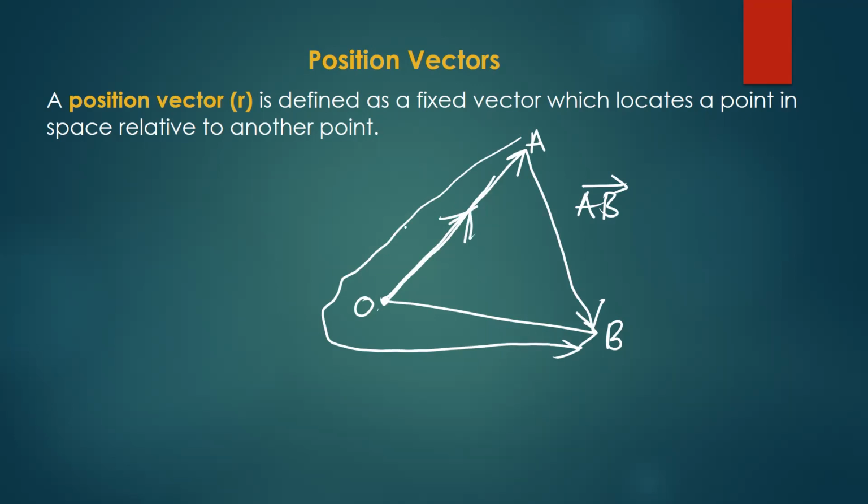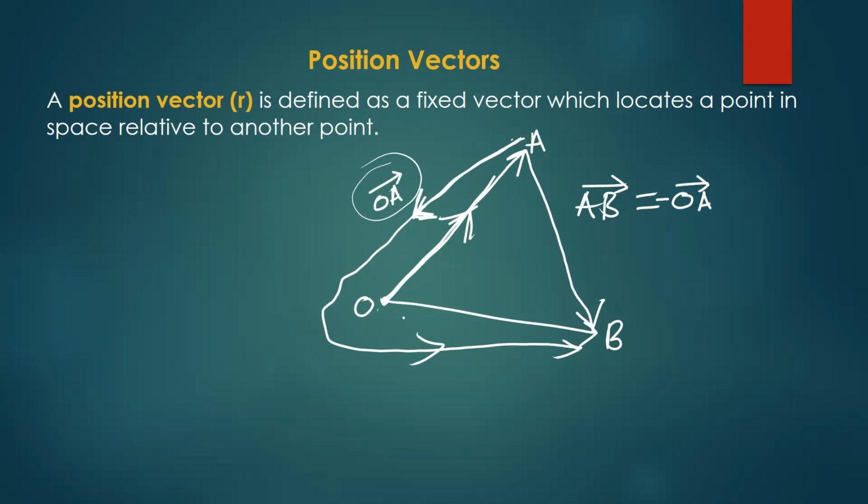Since we are moving from A coming to O for us to go to B, we're going to oppose the direction of OA, so we add a negative there.